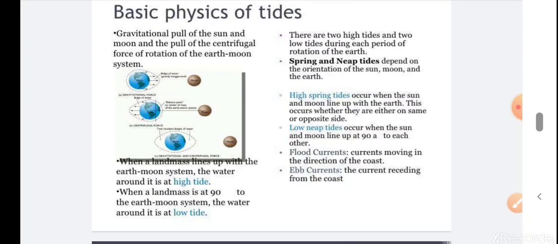Also, there are flood currents and ebb currents of these tides. Flood currents are the currents which are moving towards the coast, while ebb currents are the currents which are moving away from the coast, receding actually.